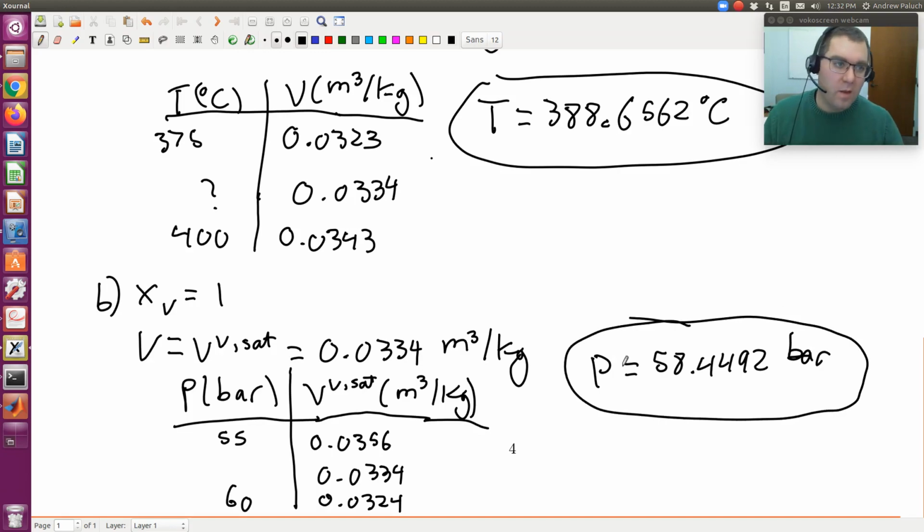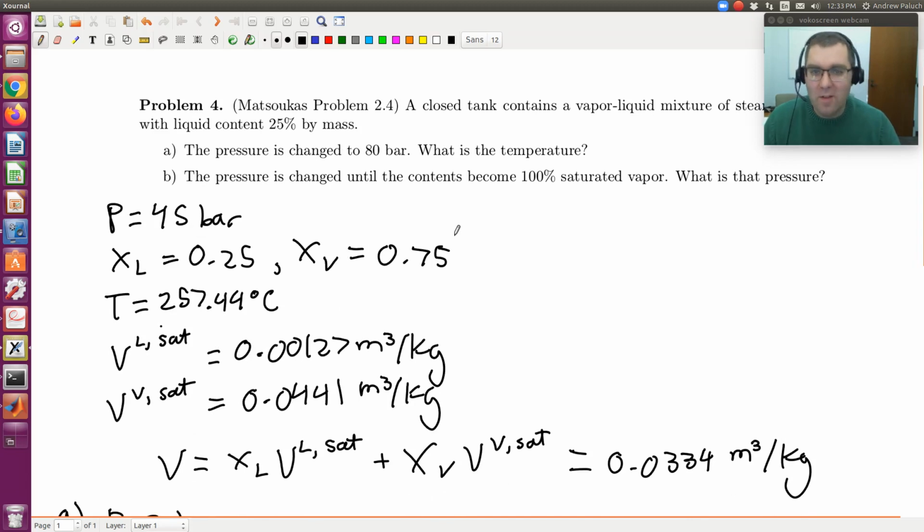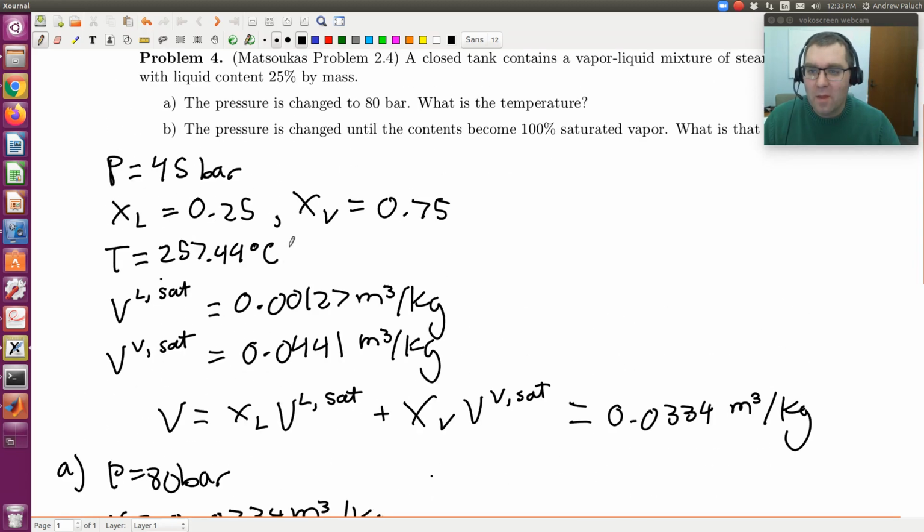So again, in this question, the key is that we're told we have a system at two-phase coexistence, and we're given how much is liquid and how much is vapor, and then we're at an impasse. We know the pressure, and since we're at two-phase coexistence, we can calculate the temperature, and then we know the specific volume of each phase and can calculate the specific volume of my system.